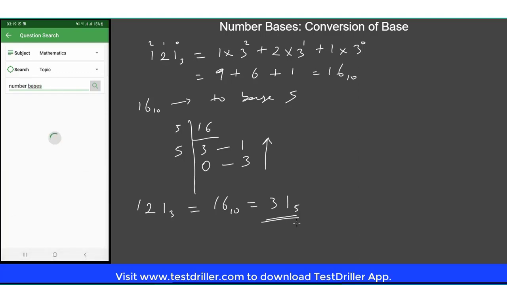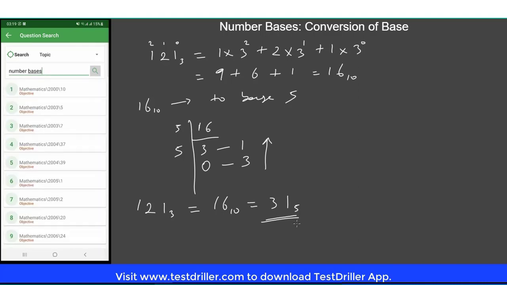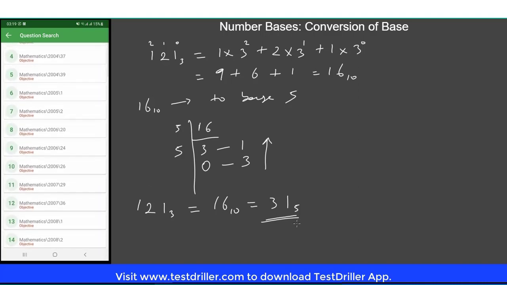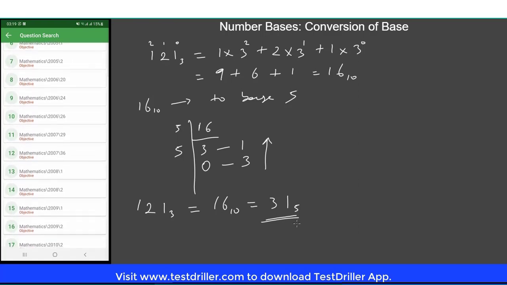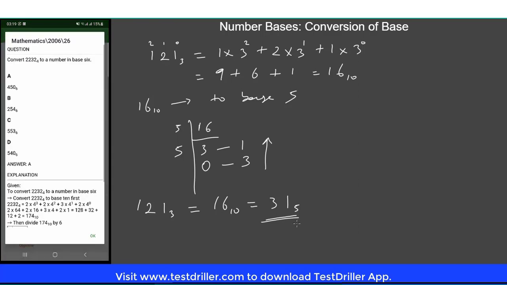Then you search and you have the suggestions. So in this case, we are interested in 2006 question 26. The question says that we should convert 2232 in base 4 to a number in base 6. So let's take a look at how to solve this particular question.